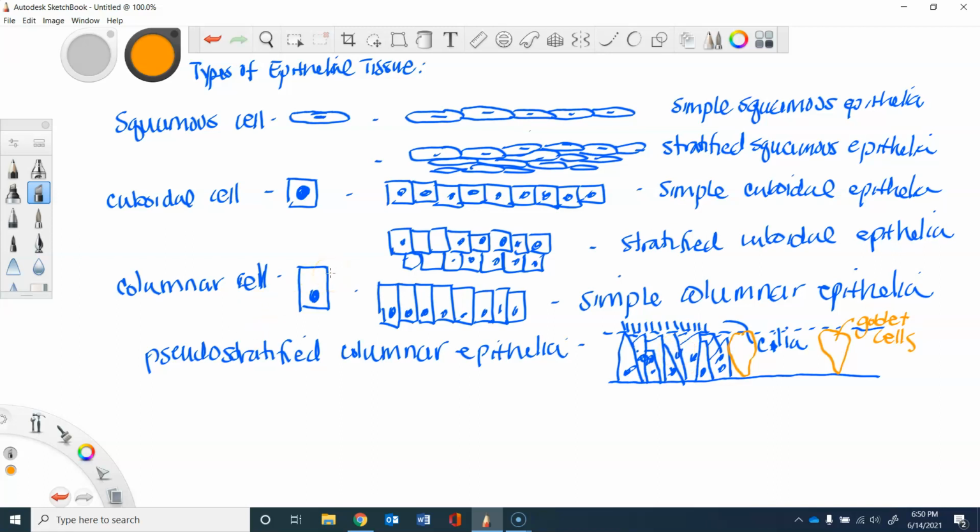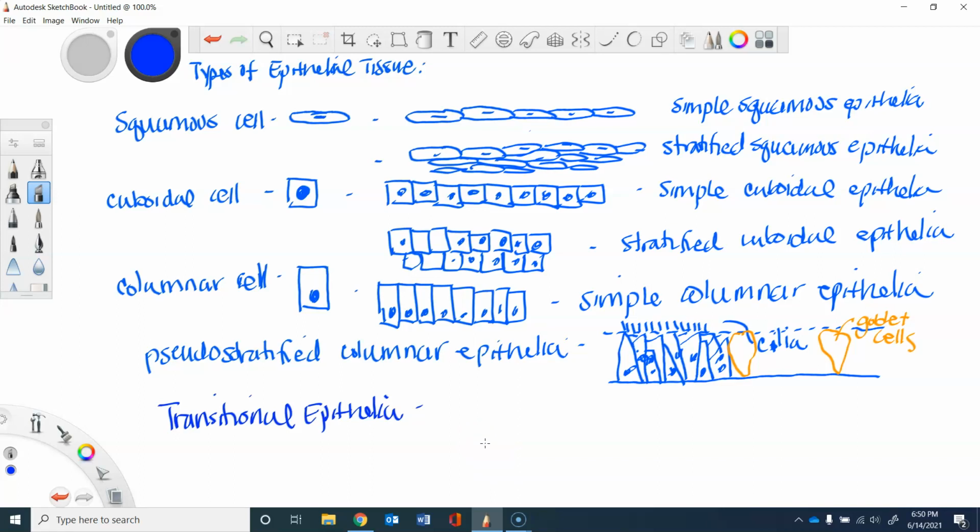Okay? The next type of sort of odd epithelial tissue is called transitional epithelia. Transitional epithelial tissue is a stratified tissue, and its cells don't look like any of these three that we've just talked about.